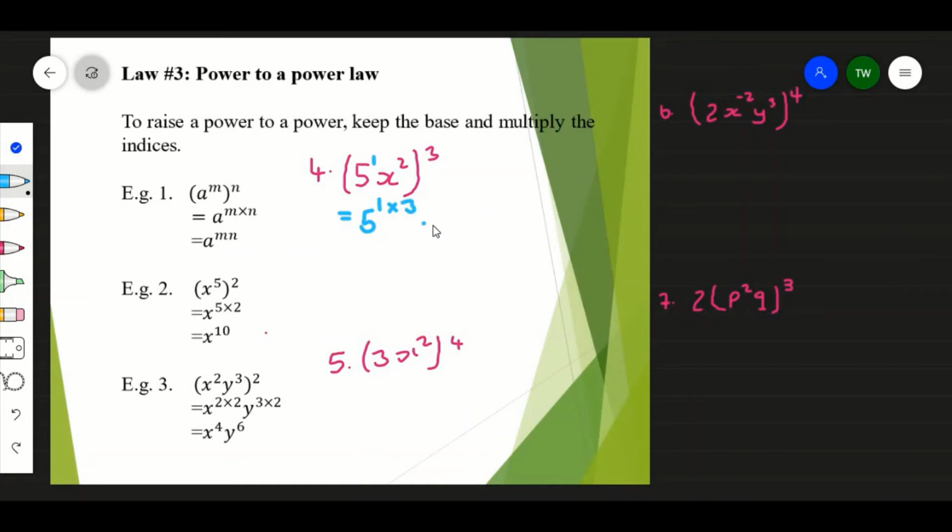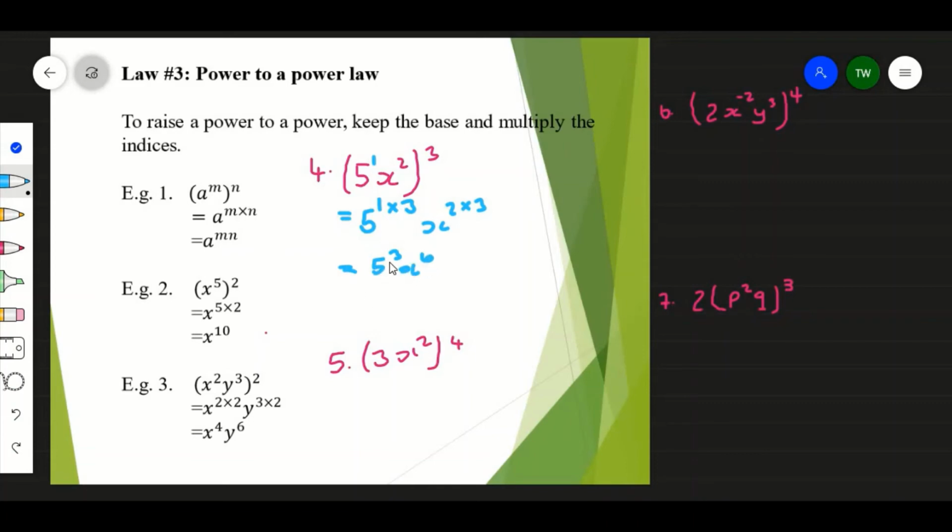Then we're going to keep our x, and then it's going to be 2 times 3, which gives us a final answer of 5 to the 3rd power and x to the 6th power.